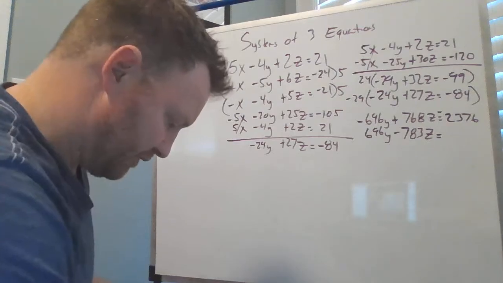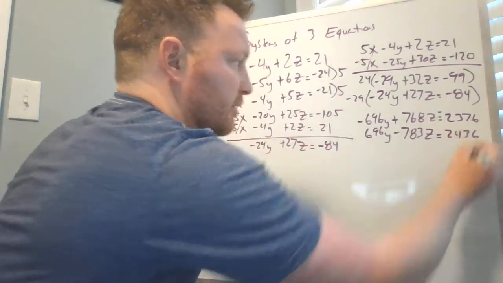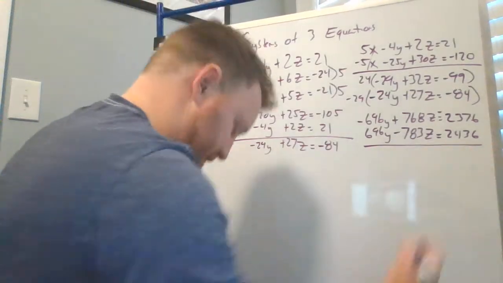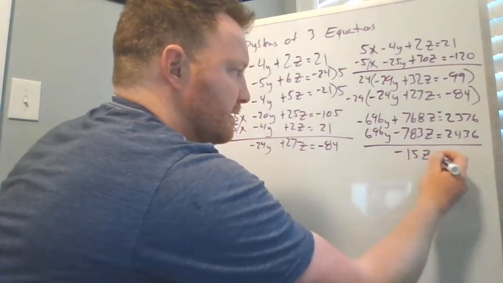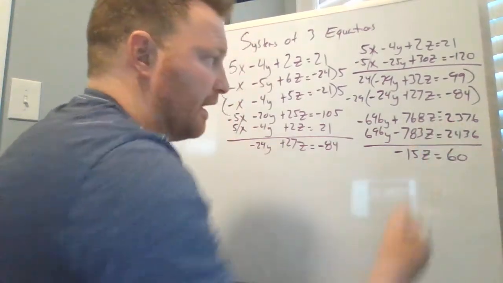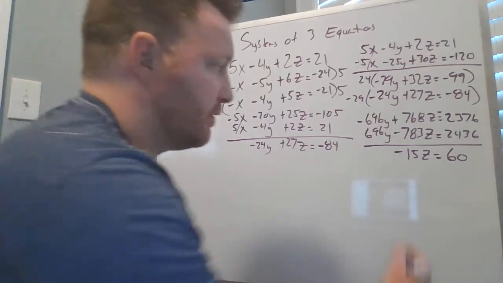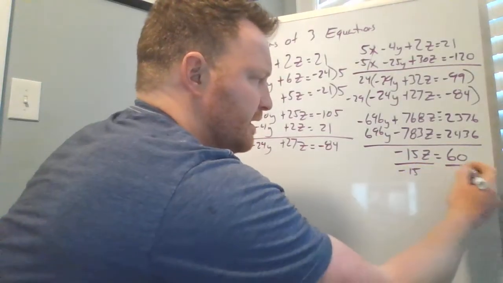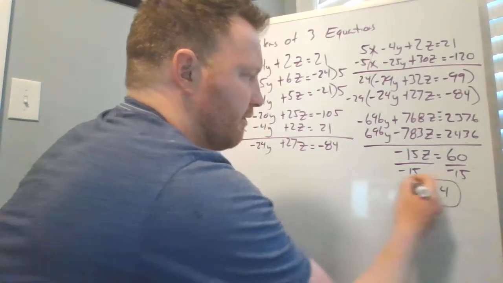And negative 84 times negative 29 is 2,436. I add these up, and I'm going to get a negative 15z equals a positive 60. Negative 2,376 plus 2,436 is 60. When I divide both sides by negative 15, I get z equals 4.